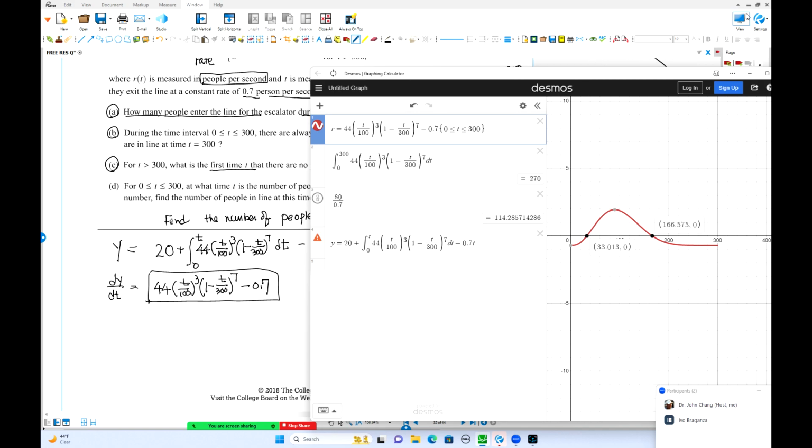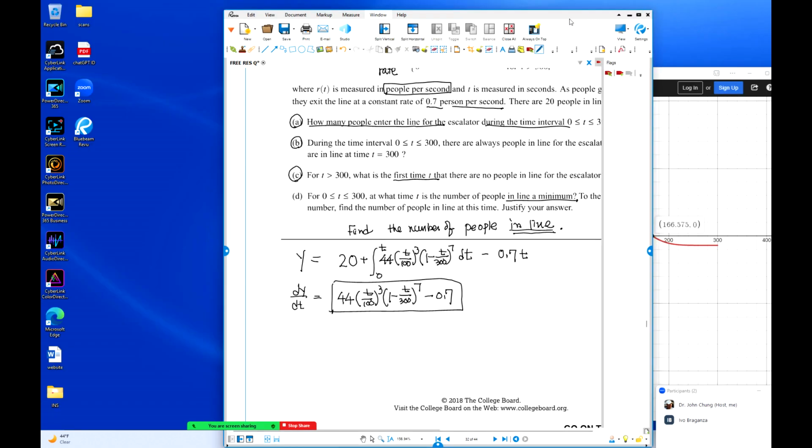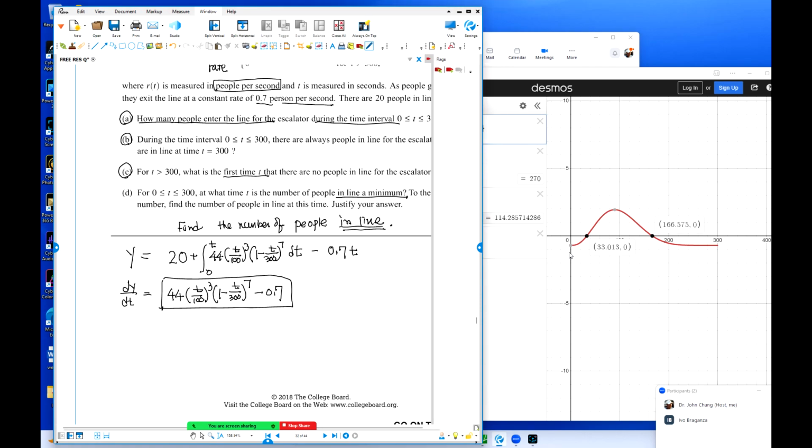I'm going to show you the graph of this. This is the dy/dt, the graph looks like this way. Here and here and here and here, 300. This point is t2, right?